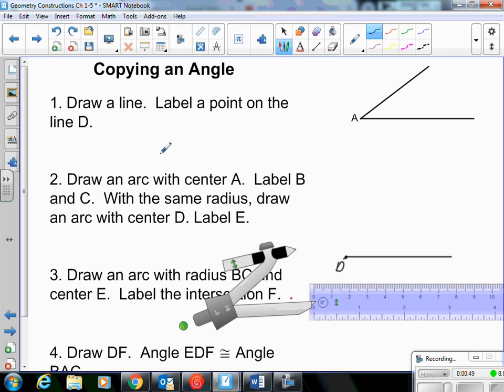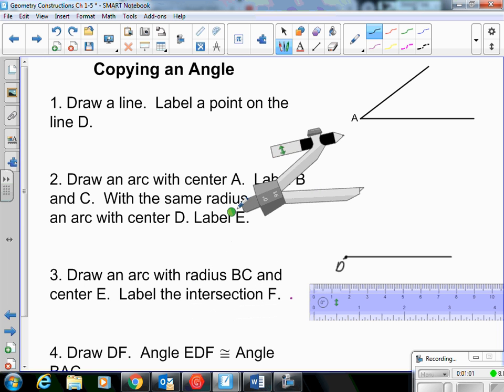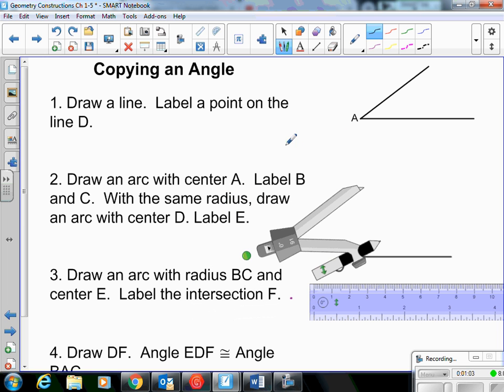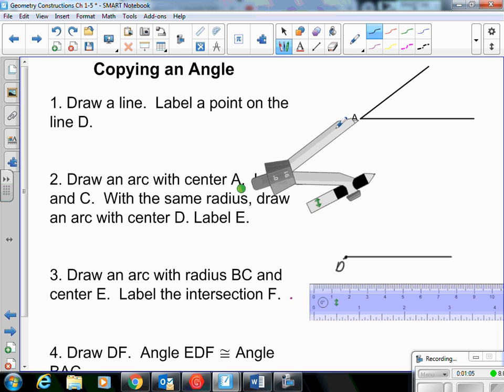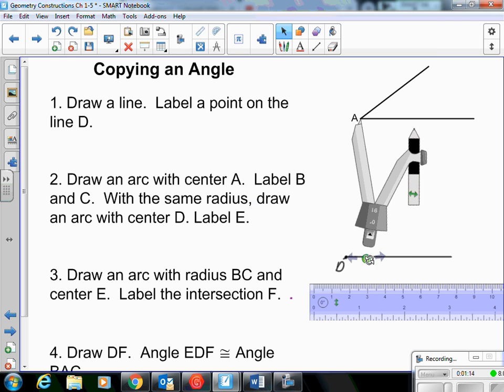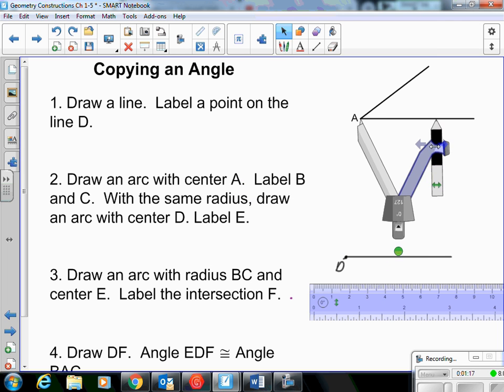And then we're going to draw an arc with center of A. Right, so that means we're coming back up here to the angle, putting the point of our compass at point A. And we're going to draw an arc.